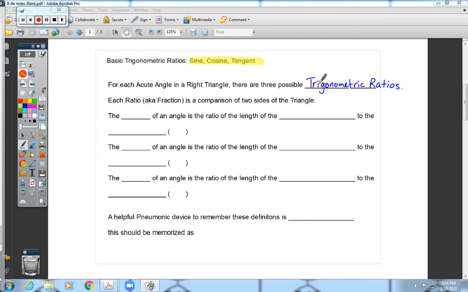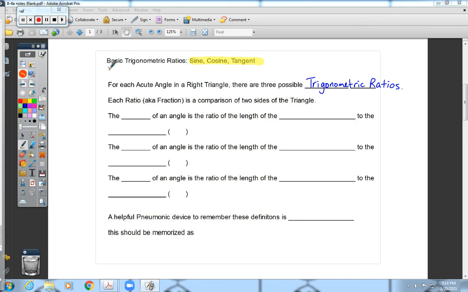Being ratios, they are going to be comparing two of the three side lengths of the triangle. Now, in reality, there are actually 6 trig functions, but we're only working with 3 of them at the geometry level. These 3 are called the basic trig ratios. When you get into pre-calculus and trigonometry, you'll learn about the other 3 ratios, which are known as the reciprocal trig ratios. So that's not important right now.